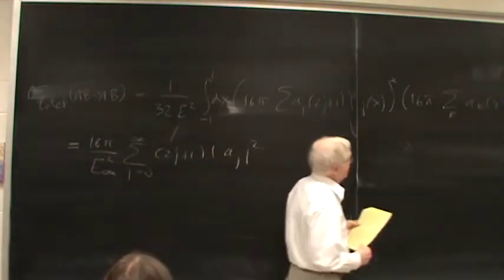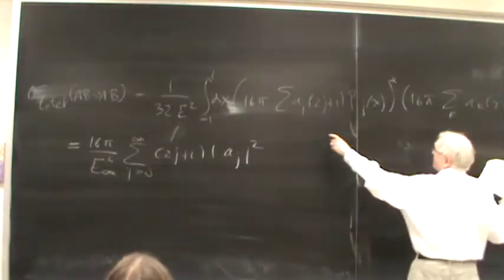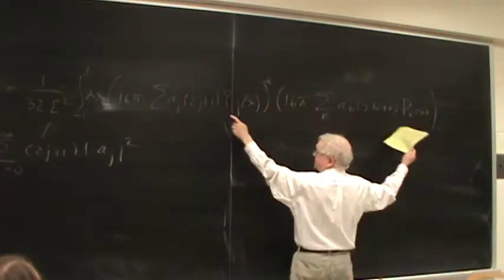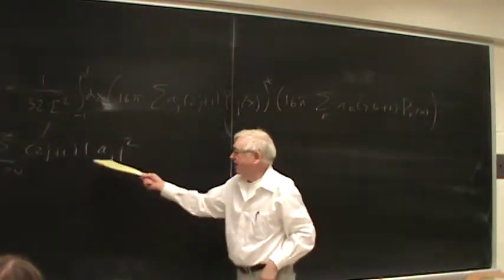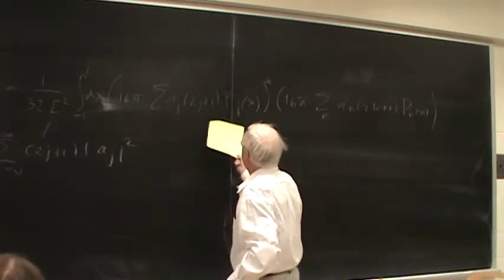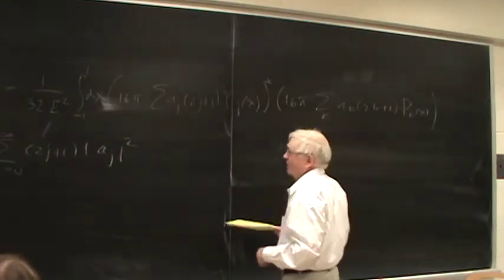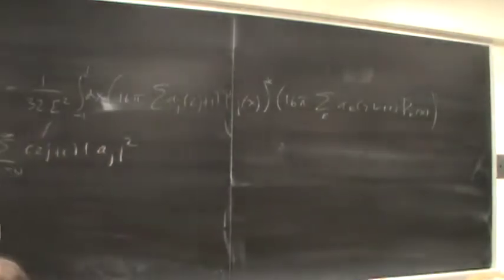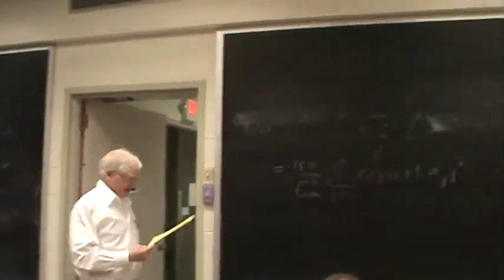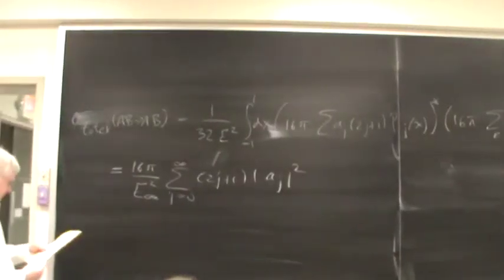And of course, you get the absolute value because you have aj star there, ak here, you get delta j k, so that gives you aj absolute value squared. You have two factors of 2j plus 1, but the orthogonality relation gives you a 1 over 2j plus 1. So altogether, that's what you've got.